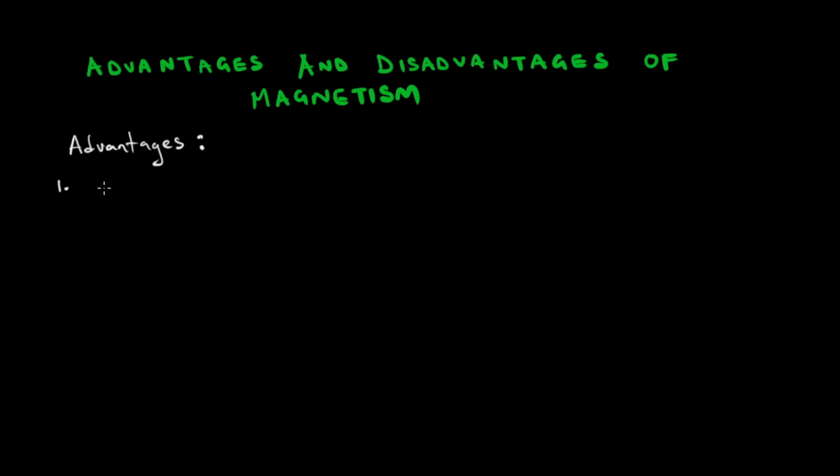But the first advantage we use is the advantage which is directly linked to how we apply magnetism as a separation technique. So we can actually say it's simple and easy to use. That's our first advantage, simple and easy to use.